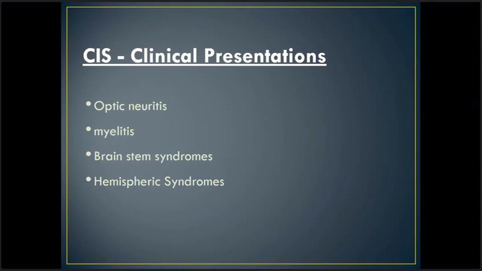The first attack of multiple sclerosis may be one of these 4 types, but optic neuritis is the most common presentation of clinically isolated syndrome.